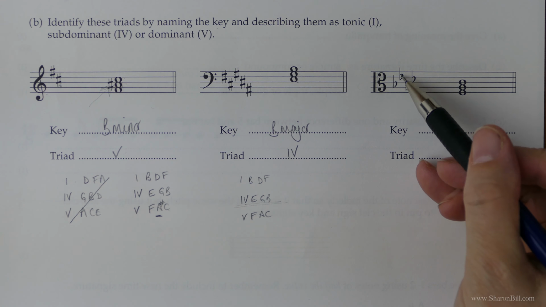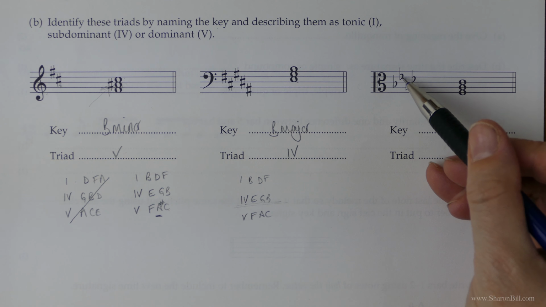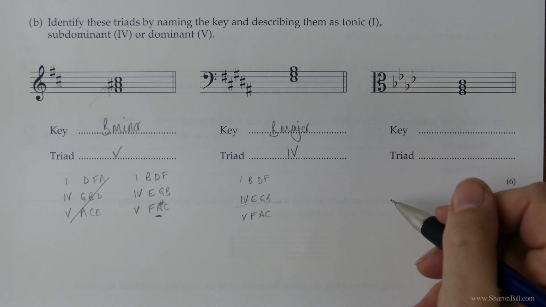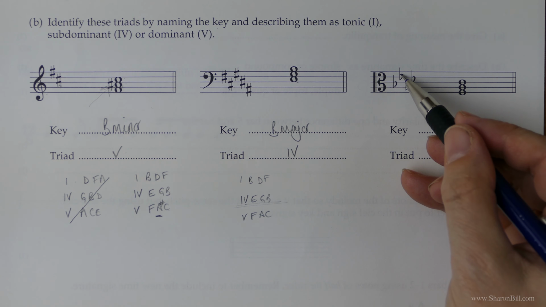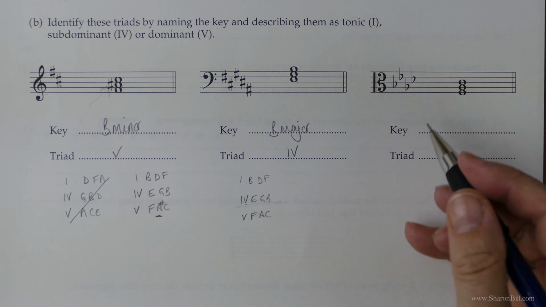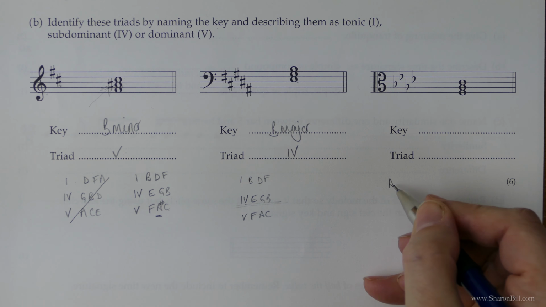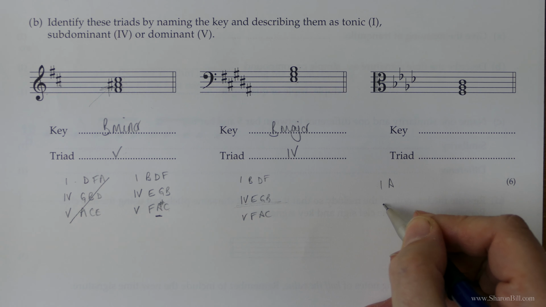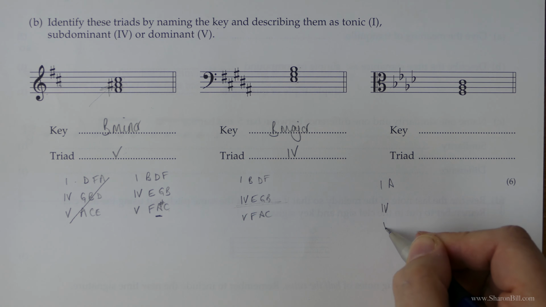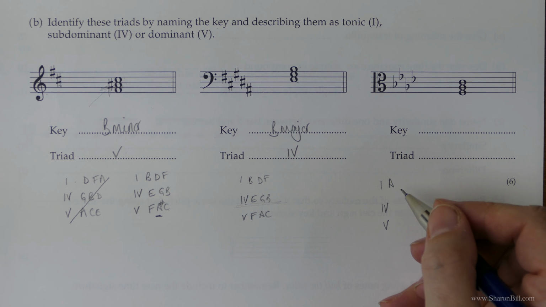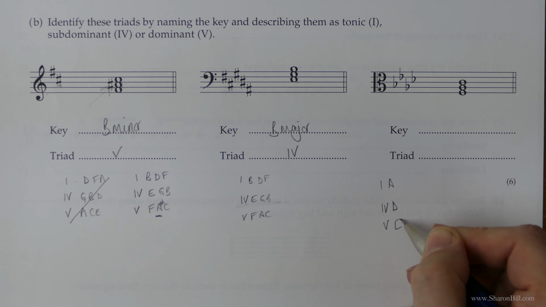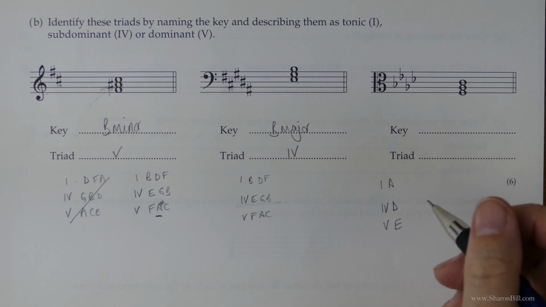So here we have a key signature of 4 flats. So if that was going to be a major key, B flats, E flats, A flats, D flats, we could think it was in A flat major. So chords 1, 4 and 5. A flat is chord 1, D flat is chord 4, E flat is built at the bottom of chord 5.